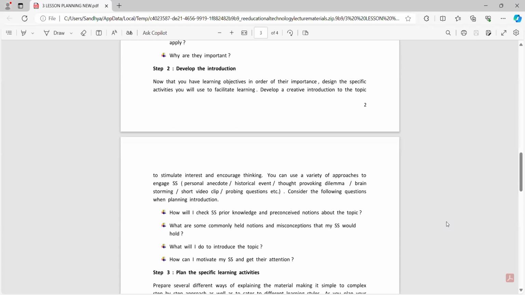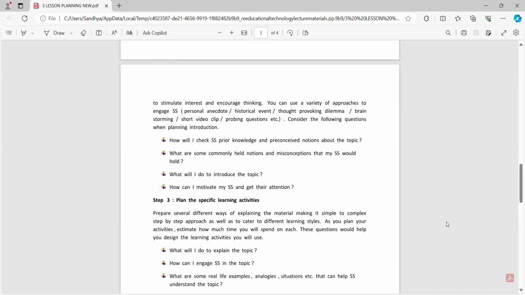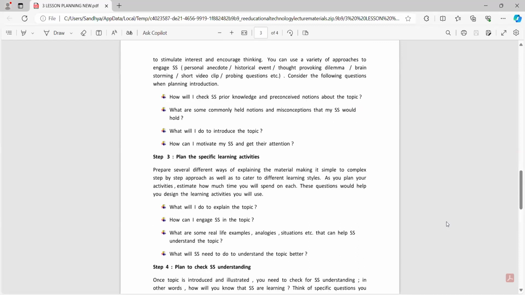You give them an illustration, you get them to watch a video, and by watching the video, you get the students to name the life cycle of the butterfly. That's the activity you do to realize that objective. So to realize each and every objective that you write, what are the activities that you are going to give them? That is the next step, right? Planning the specific learning activities.